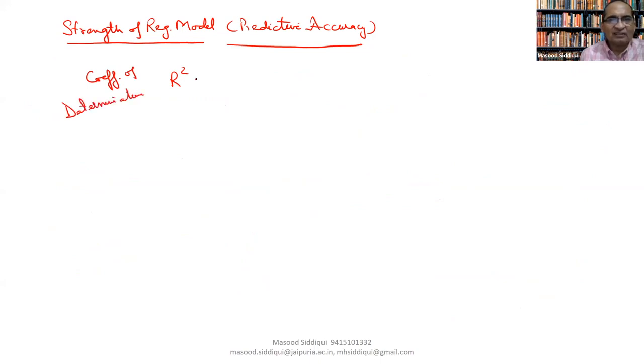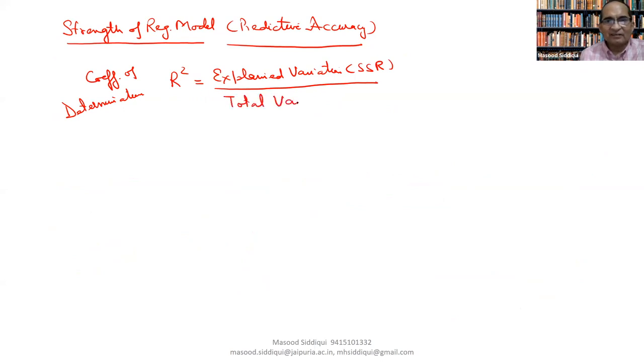This R square is the ratio of explained variation, or sum of square because of regression as per the ANOVA table, divided by total variation. So this is the total variation, TSS. Let me show you the output.